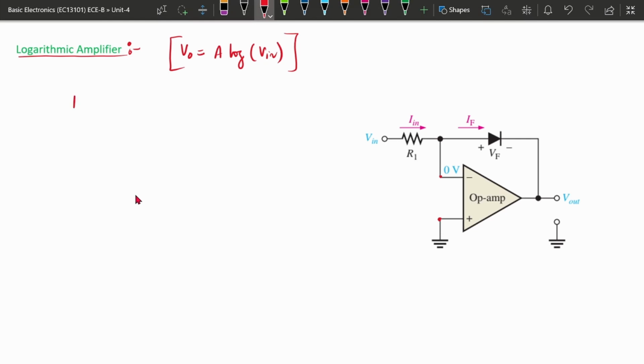By using KCL, the input current equals the diode forward current IF. The input current is (V input minus 0) divided by R1, which equals IF, the current flowing through this diode. We know the diode current equation.